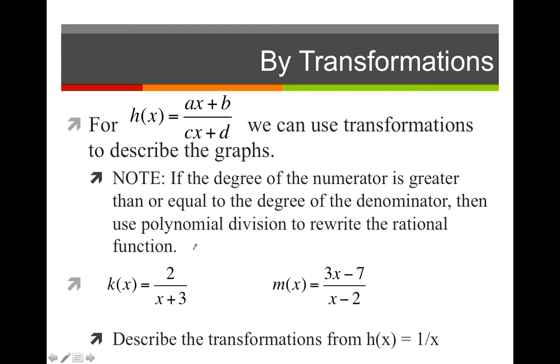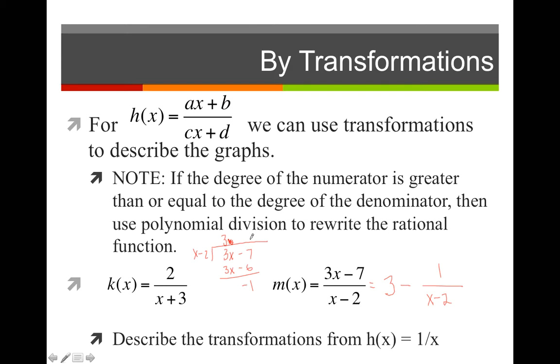So I'm going to say x minus 2, and I'm going to divide that into 3x minus 7. If I multiply by 3, oops, not 3x, just a 3, I get 3x minus 6. If I subtract, I get a minus 1. That means this fraction can be written as 3 minus the 1 over the x minus 2.